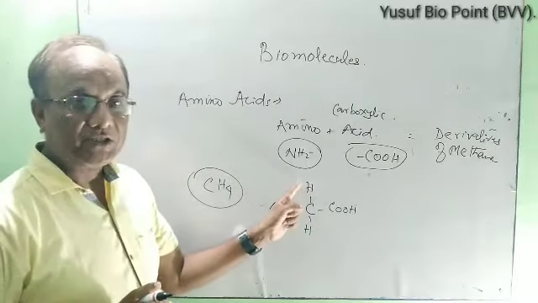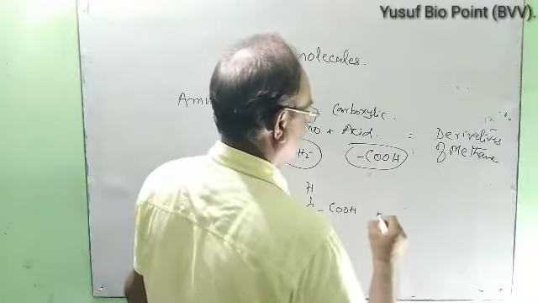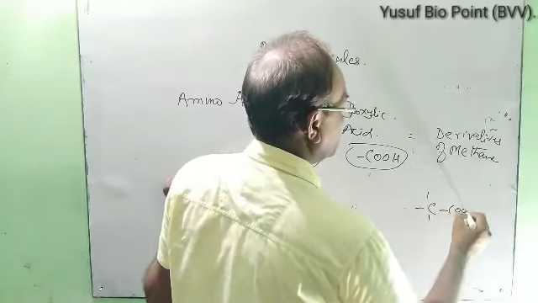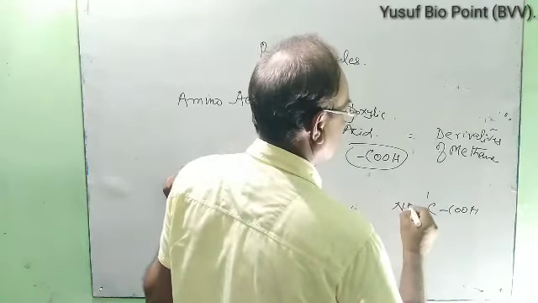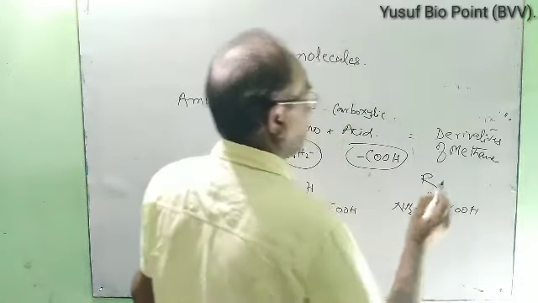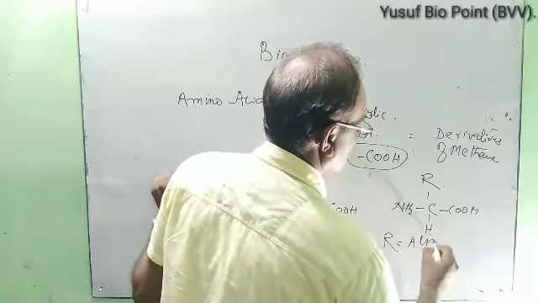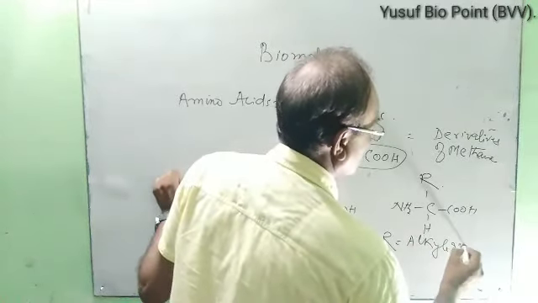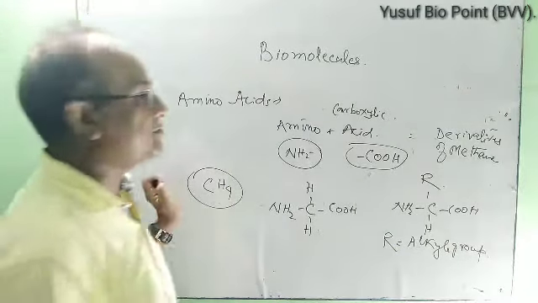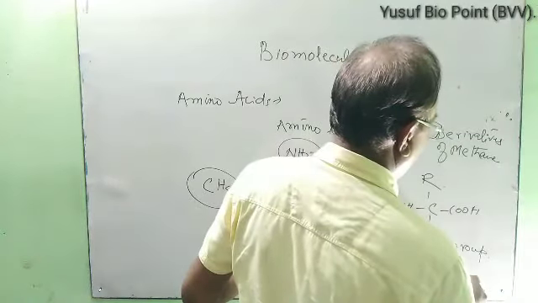in place of H. For the general formula we can write R as an alkyl group, you know that CnH2n+1.